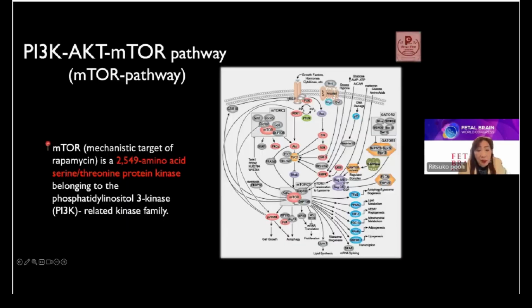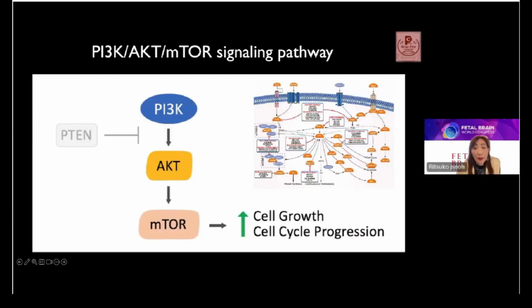Now, you've already heard about the PI3K-AKT-mTOR pathway. mTOR is the mechanistic target of rapamycin, and the pathway is very important for thinking about proliferation disorders. In a nutshell, the mTOR pathway serves as a central regulator of cell metabolism, cell growth, cell cycle progression, and cell proliferation and survival.